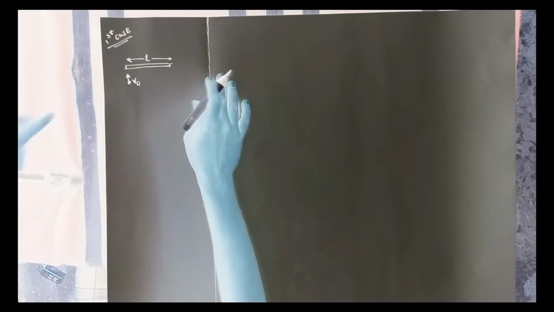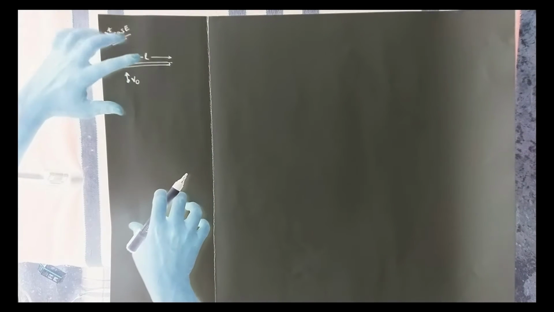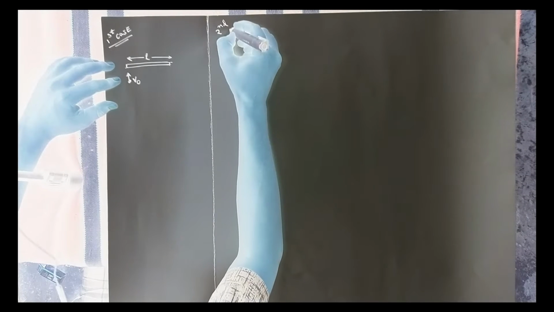Now I am going to take all the values for speed, mass of the block, and mass of the bullet, so as to get to a solution for the height h1 attained in the first case and the height h2 attained in the second case.